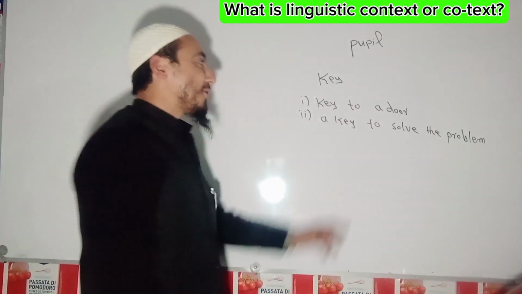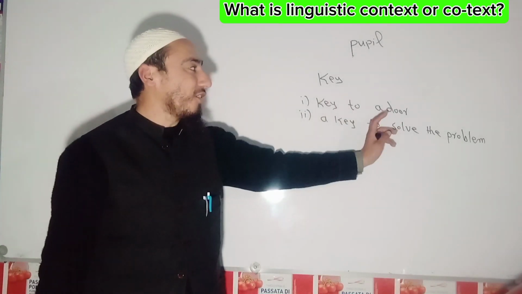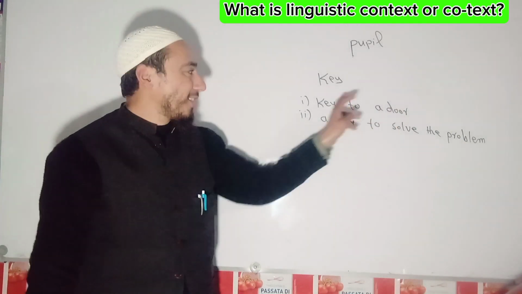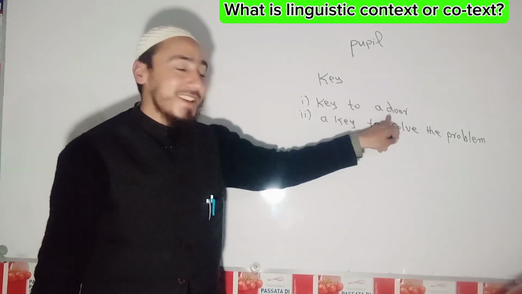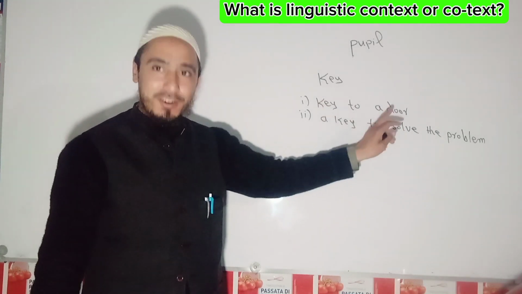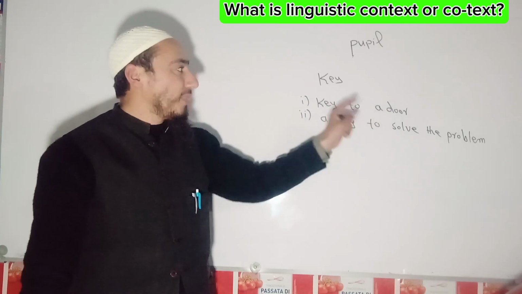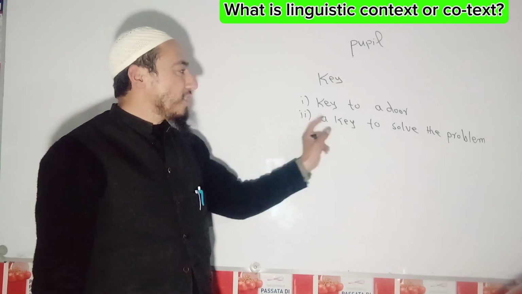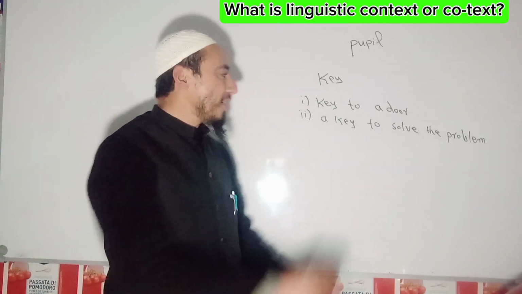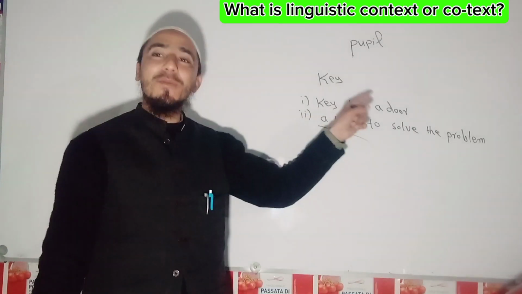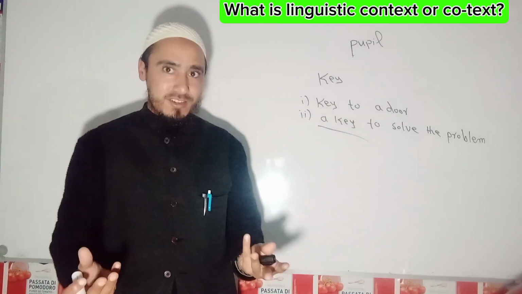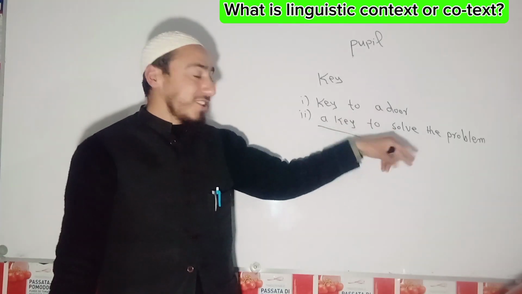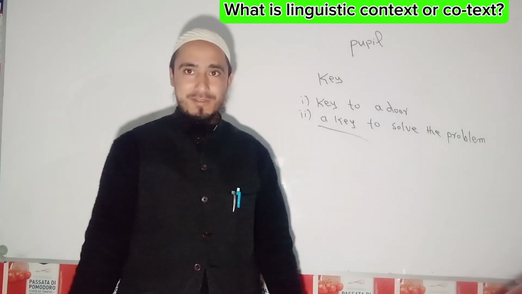Here I definitely know, because of the context of another word, and that is linguistic context, a door. So when I say key to a door, it means I'm talking about the key of the door, and that key will be used to open the lock. Another, when I say a key to solve the problem, here it does not refer to a key of the lock. Here it refers to an important point, which is to be spoken to solve the problem.